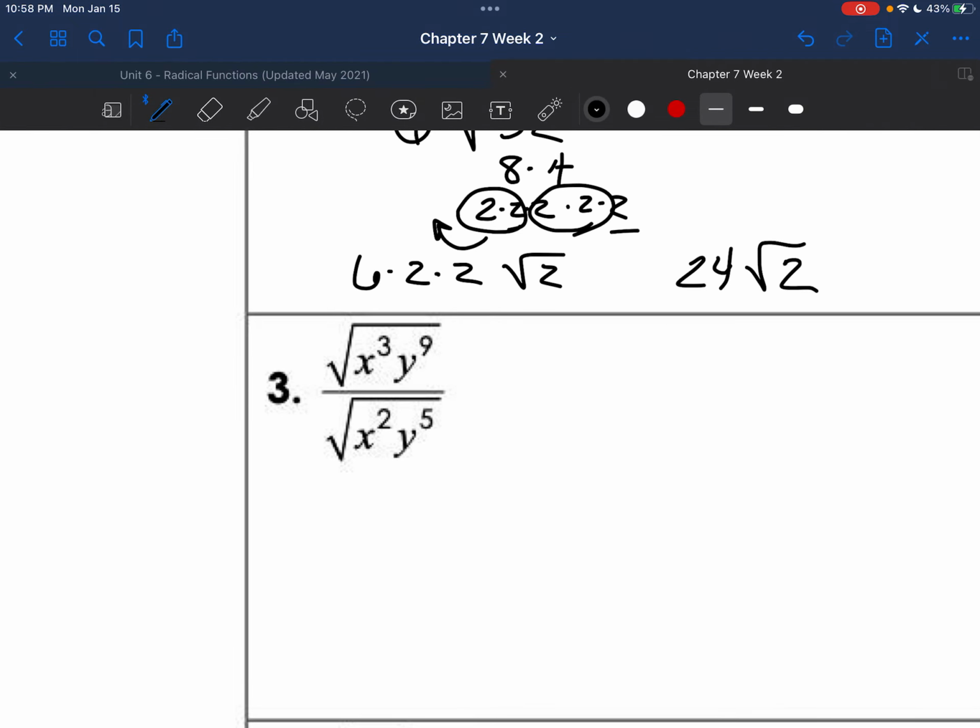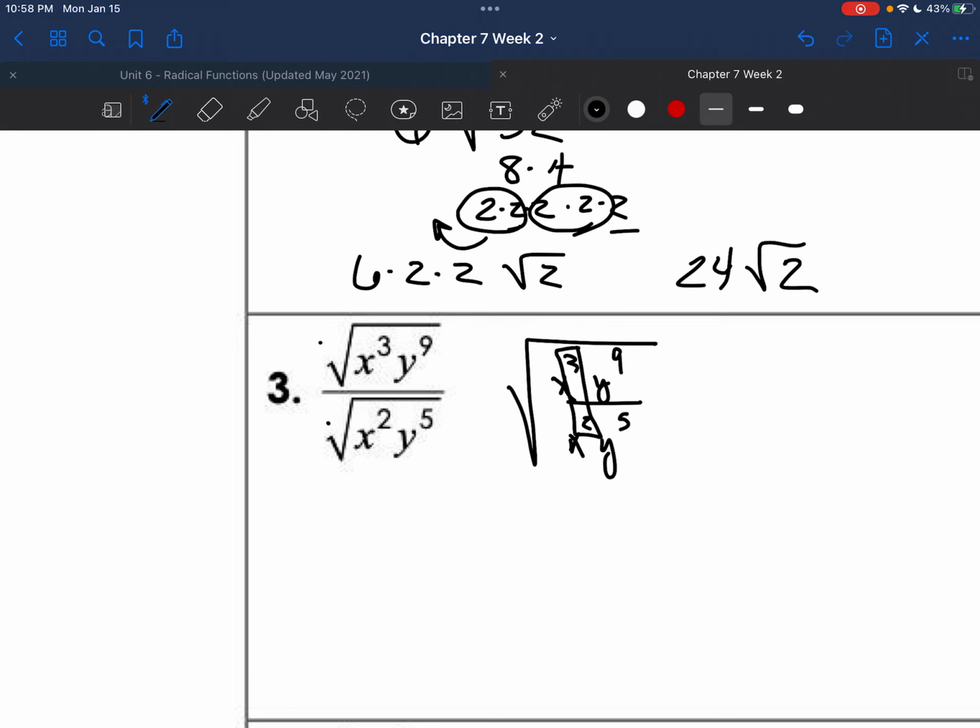Okay, so let's look at this one here. Now, we've got square roots, and I've got numbers that are more than square roots, so I could go ahead and pull them out, but I'm going to combine them first. So since I've got 2 square roots, I'm going to go ahead and put it all under 1 and say x cubed y to the 9th over x squared y to the 5th. And we're going to simplify inside the radical first.